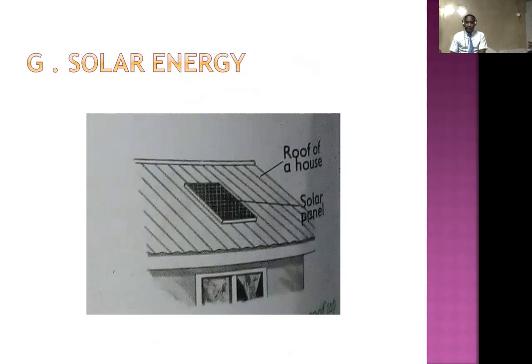Pupils, the panels have light-sensitive cells that trap sunlight and convert it into electrical energy. Always the solar panel is fitted on the roof so that nobody tampers with the cells, so that it is able to trap the solar energy from the sun.